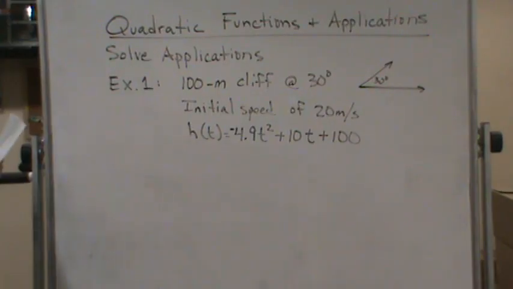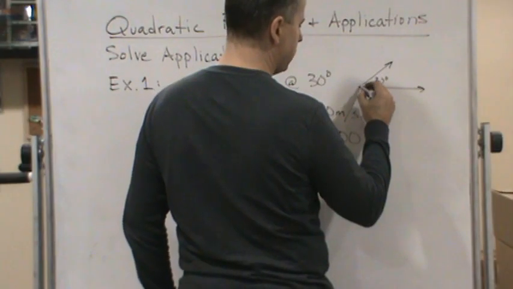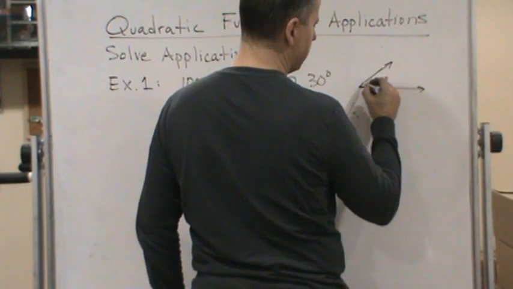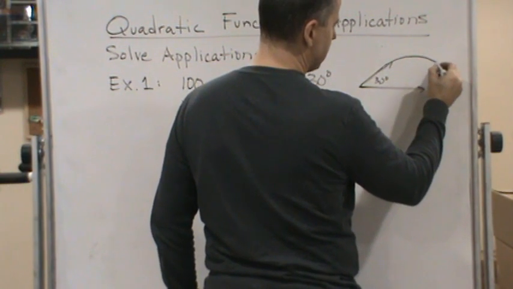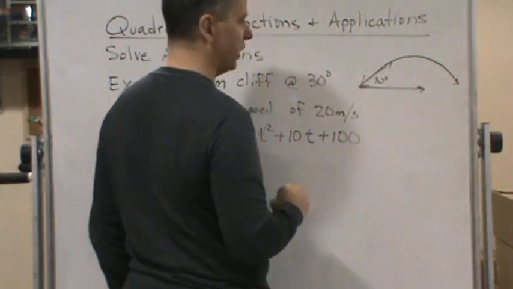It says, at what time will the stone be at maximum height? Well, we're talking about a parabola, right? The stone is going to be traveling at a 30-degree initial angle, and gravity's going to take over and it's eventually going to come down, so it's going to have this parabolic shape.